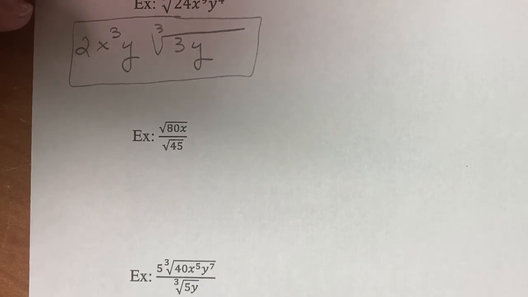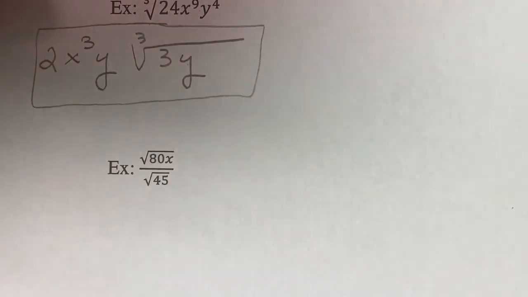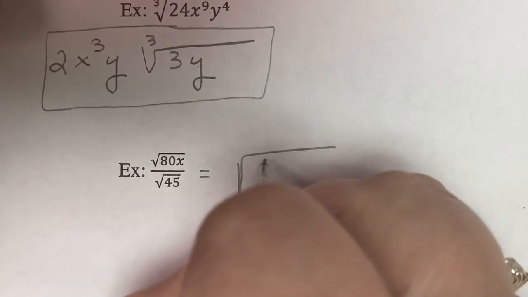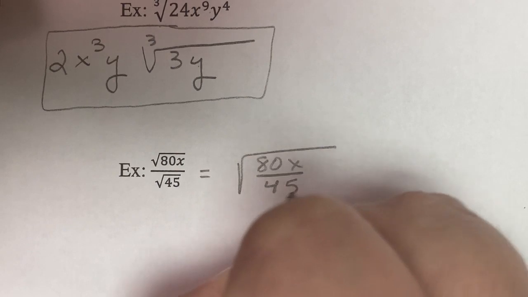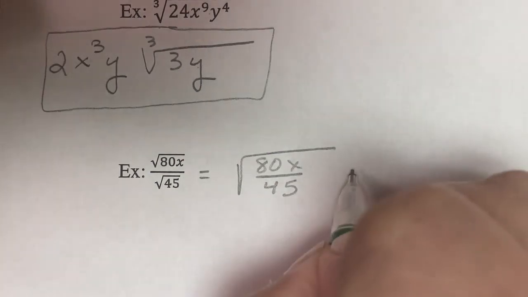All right, so I want to show you something here. So look at this one with the fraction. Do you remember that I could actually also write this as just the square root of a single fraction? Now your question might be, well, why would I want to do that?